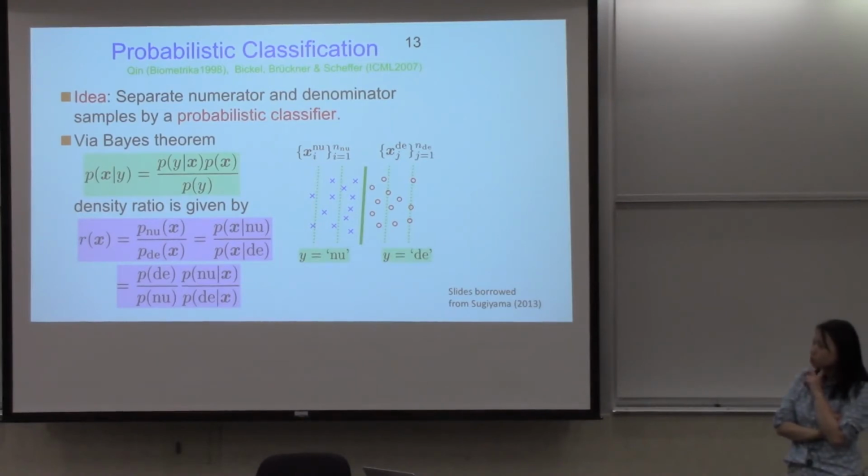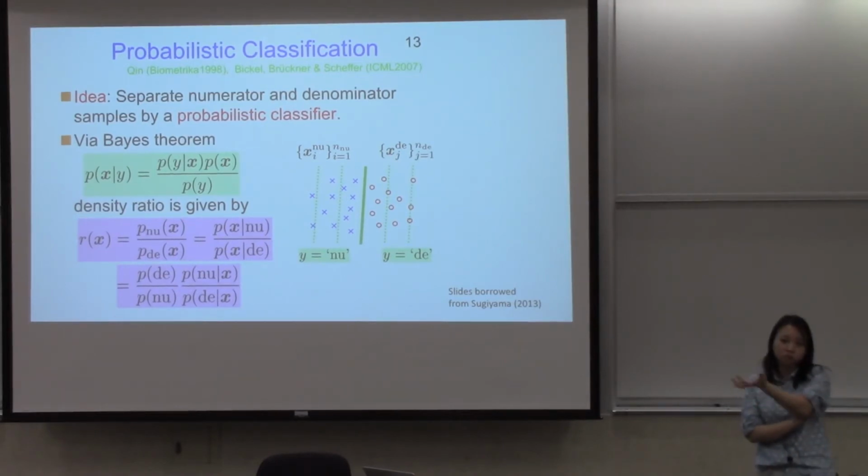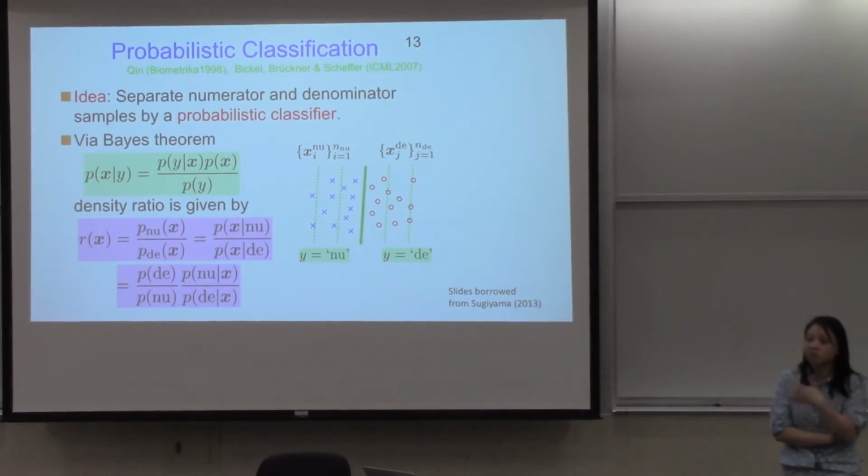So this just makes things easier. We just train a classic discriminator model to differentiate whether things are from target or from source. So just label some source data as positive 1 and label some target as negative 1, and then train a binary classifier from these two sets of samples.